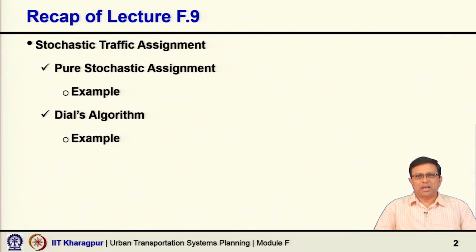Then we talked about the pure stochastic assignment, and also took an example problem and solved it using Dial's algorithm, the forward pass and then the backward pass. So, with an example we have explained.